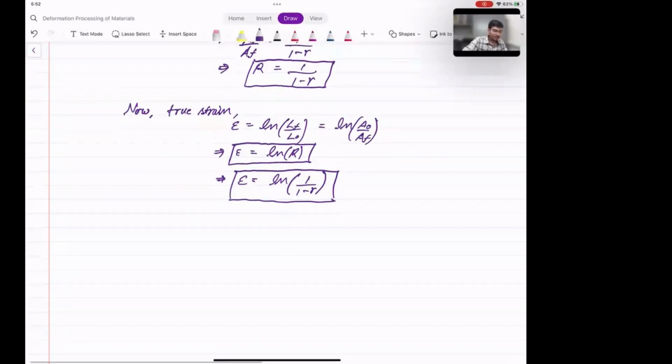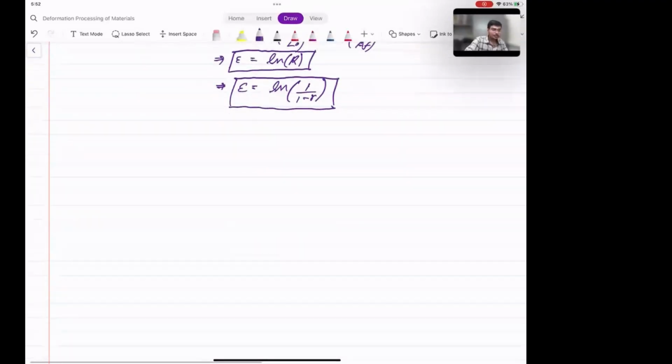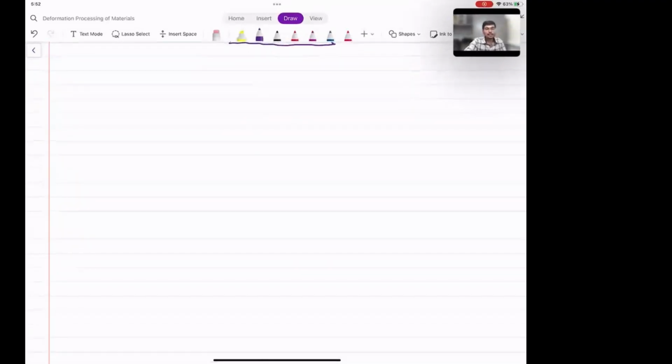Okay. Now, also the velocity of extruded product can be written in terms of this reduction ratio.